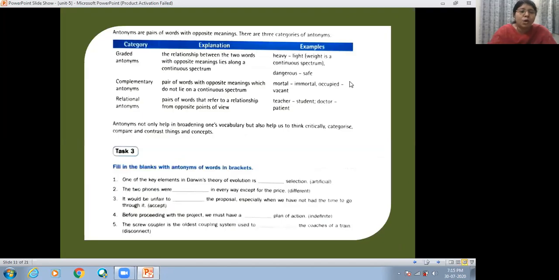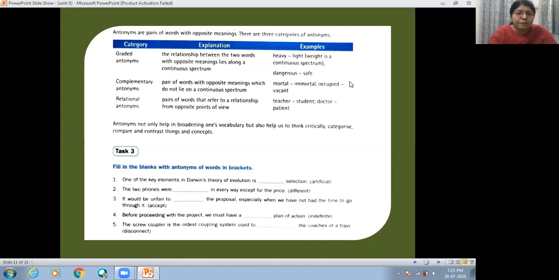So next we go on to the antonyms. Now, what are antonyms? As I told you earlier, antonyms are pairs of words with opposite meanings. And there are 3 types or 3 categories of antonyms. What are they? The first category is the graded antonym.